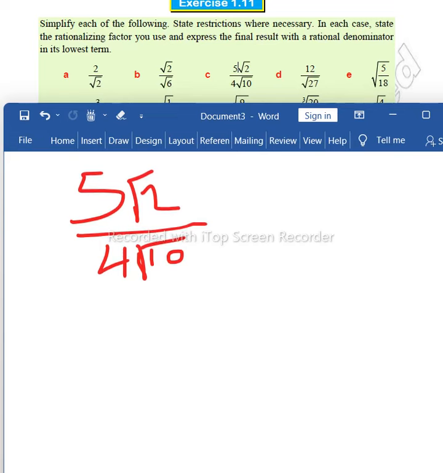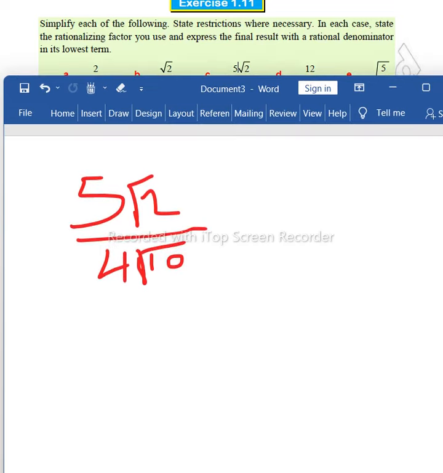Now we have to multiply by square root of 10. The 4 is already rational, but square root of 10 is an irrational number in the denominator. So we have to multiply by square root of 10 over square root of 10.